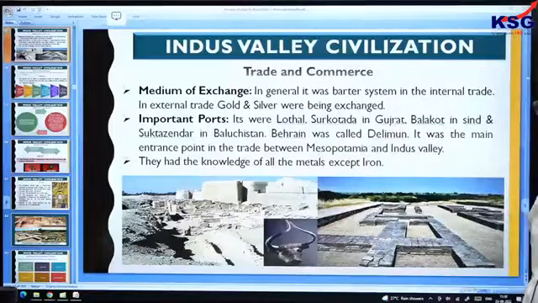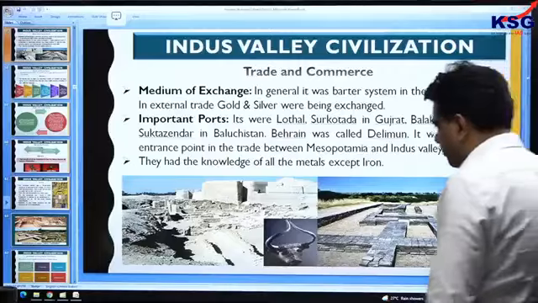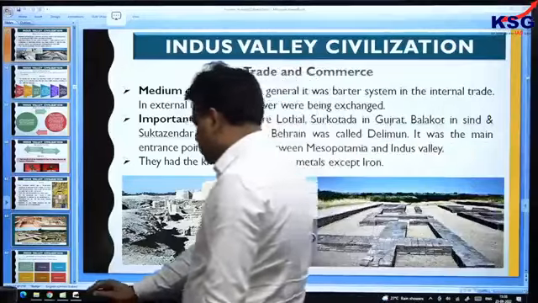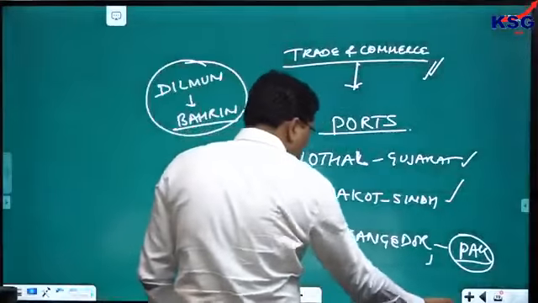So we have done with the trade and commerce, which was a very excellent and important part of the Indus Valley civilization. What do you think about agriculture?